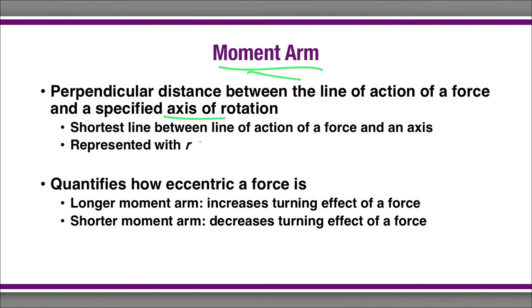And a moment arm is represented with the variable r. So moment arms quantify how eccentric a force is, meaning that the longer the moment arm, this increases turning effect of a force. The shorter the moment arm actually decreases the turning effect of a force.